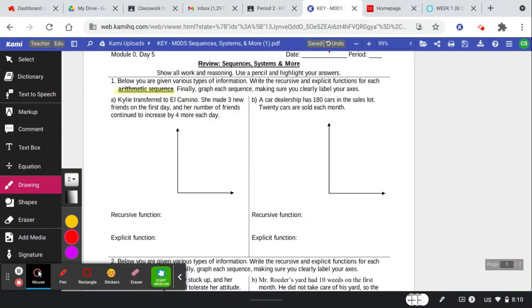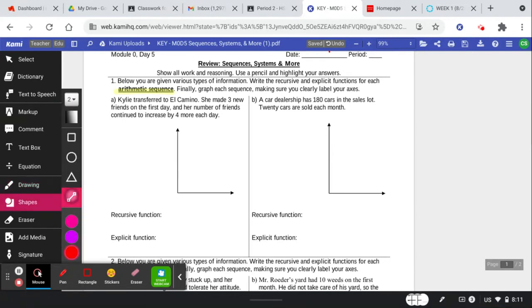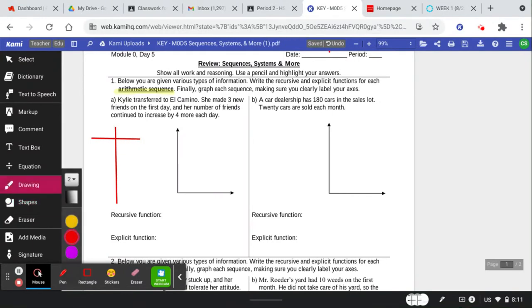Kylie transferred to El Camino. She made 3 new friends on the first day, and her number of friends continued to increase by 4 each day. So let's go make a little table to visualize this. Picture that over here it's the number of days, and here it's the number of friends that she's made.